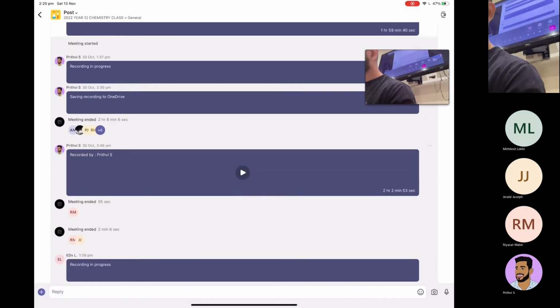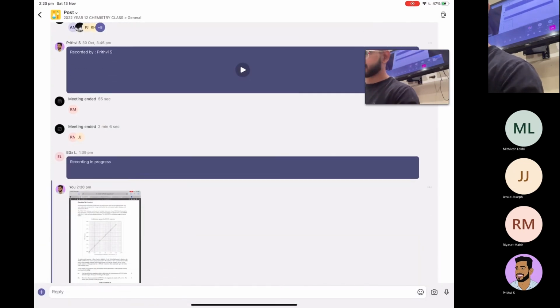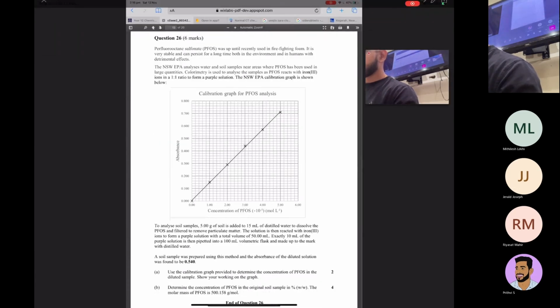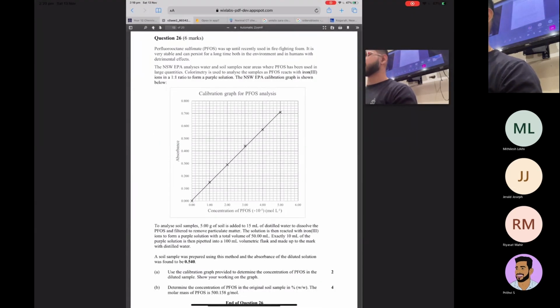Okay, so let's do this question. If you can do this question, you understand Spectra, and you'll be ready for your test. Alright, so I want us to start working with this.